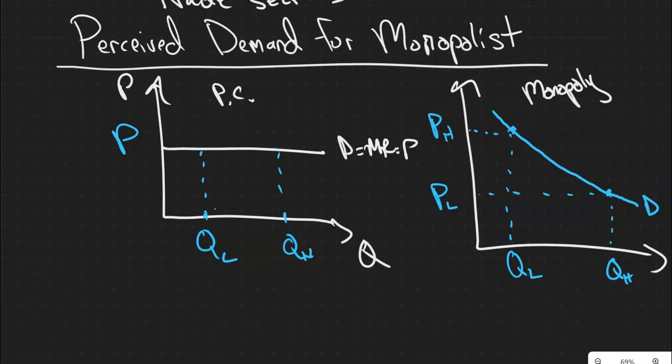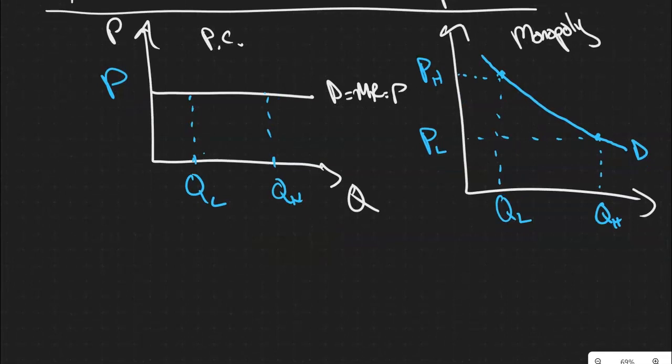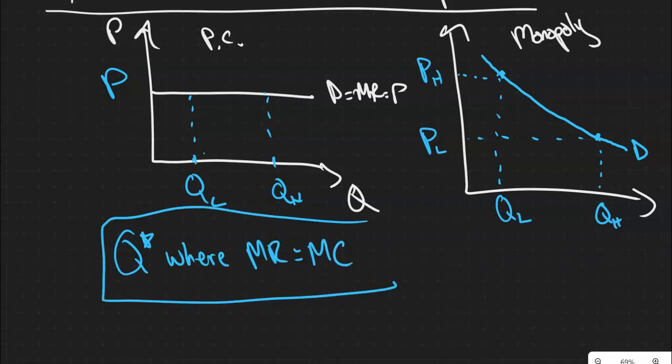So when we're doing a monopolist situation, we are trying to figure out, again, that profit maximizing rule, right? We're trying to find that Q star where MR is equal to MC. But now instead of having demand equal to MR equal to price, it was so nice, they were all one line and it was flat.